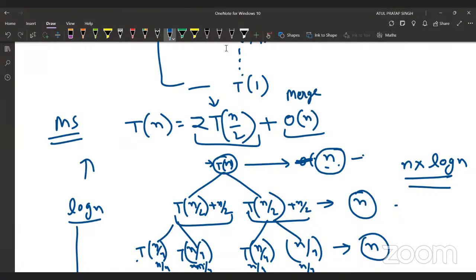Okay, sir, you said that in merge sort, in each and every operation, that big O of n is n. And when you divide T(n) into n by 2, n by 2, it is exploding in every step.